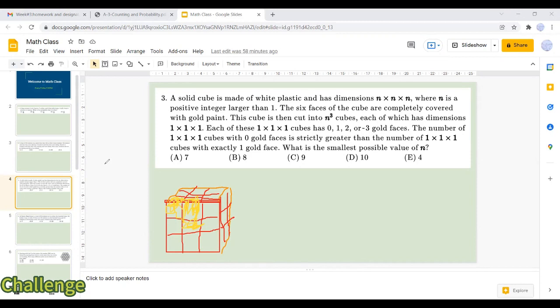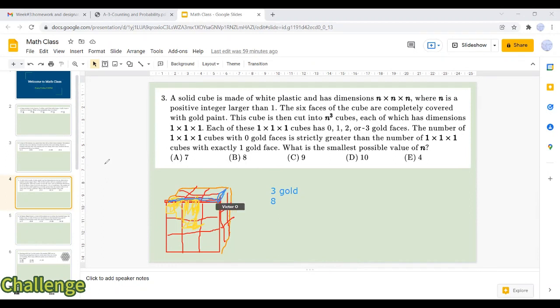So now the cubes that have 2 gold faces. We know that one side length of the cube is just n. So for example, this side length is n.